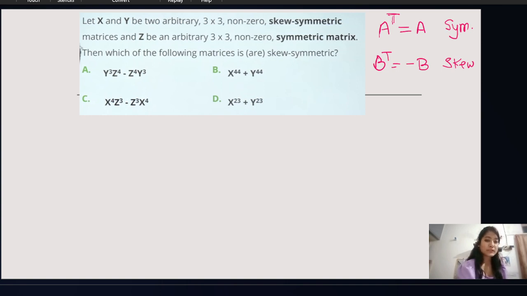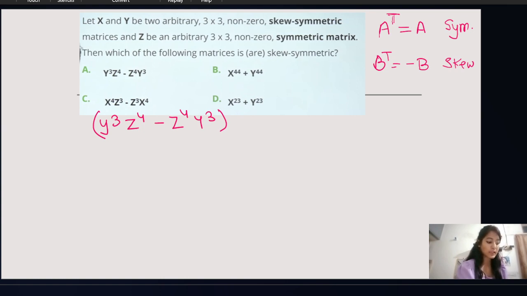So the first option is given to us. The first option is Y^3 Z^4 minus Z^4 Y^3. We have to find the transpose of this matrix to check whether it is skew symmetric or symmetric.